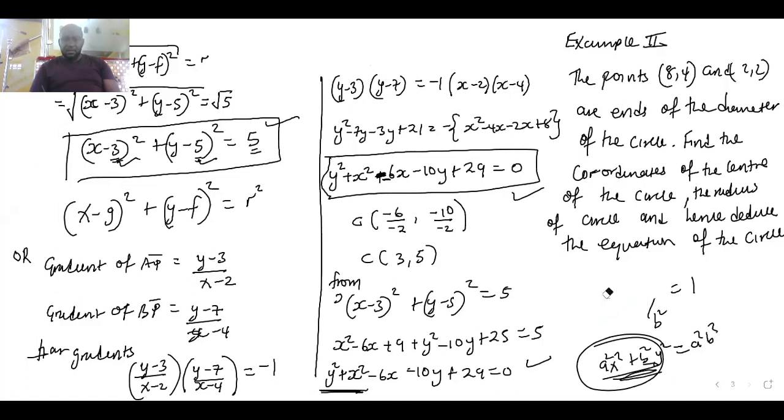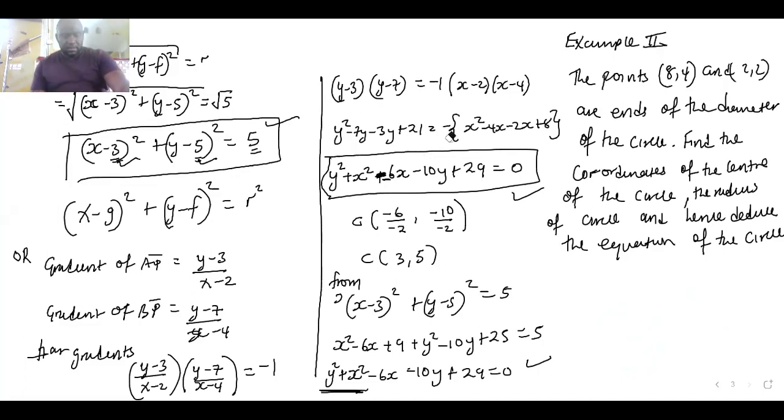So the first equation, we have to expand it. This equation of x minus 3 and y minus 5, we have to expand. Yes, we have to expand, in most cases.